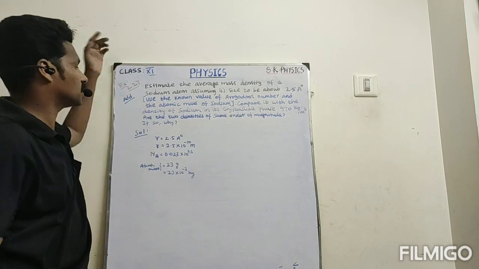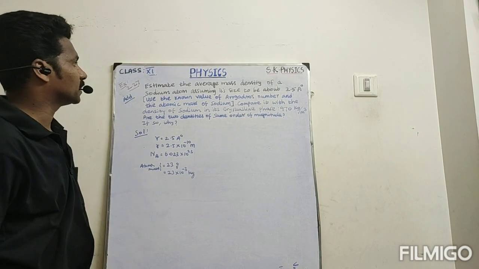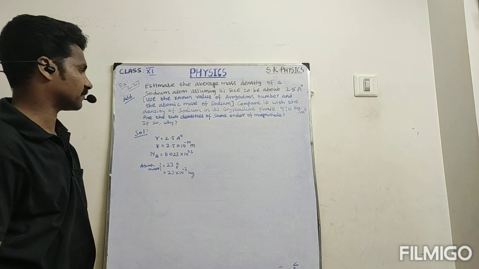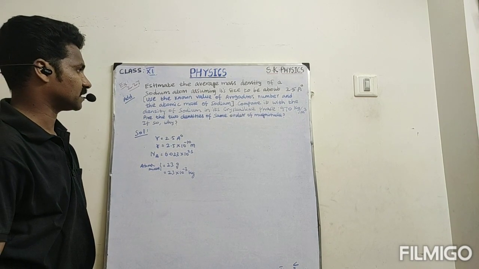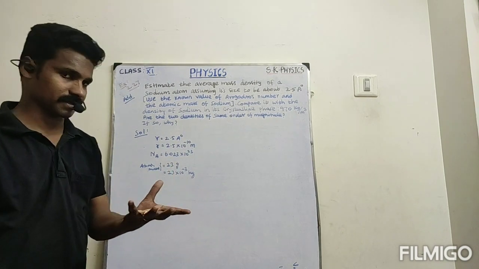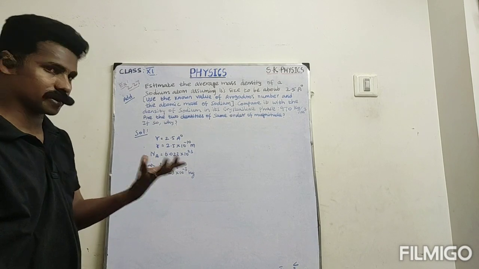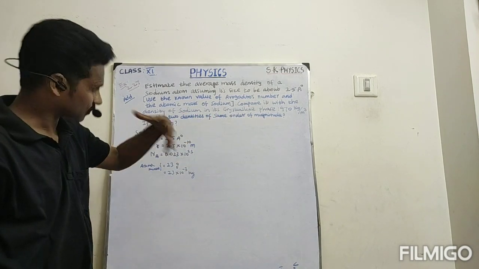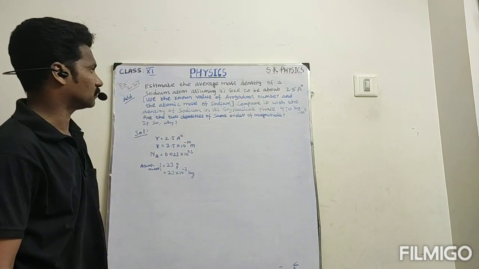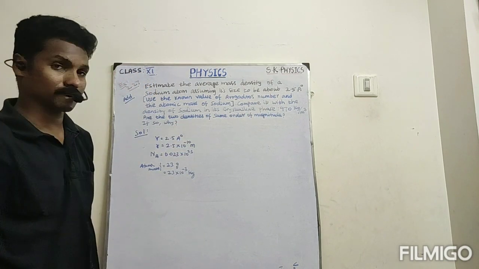So compare it with the density of the sodium in the crystalline phase, 970 kilogram per meter cube. Okay, they have given a crystalline structure, the same sodium only. After it changes into the crystalline form, its density is 970 kilogram per meter cube.